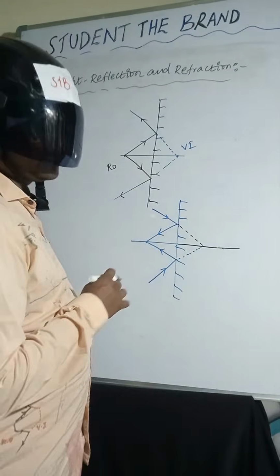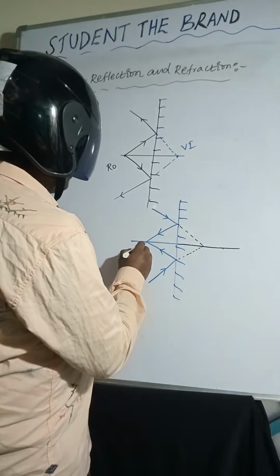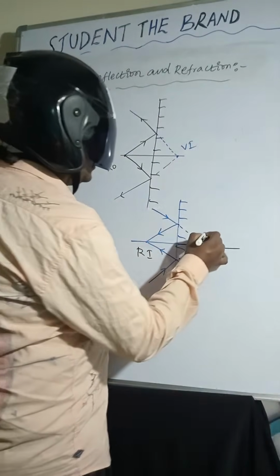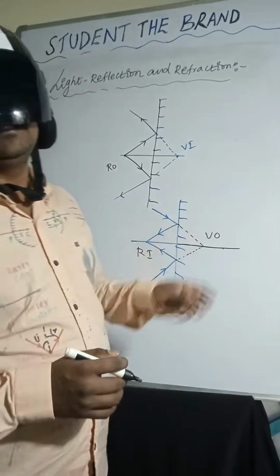So here you can see, this is a real image and a virtual object.